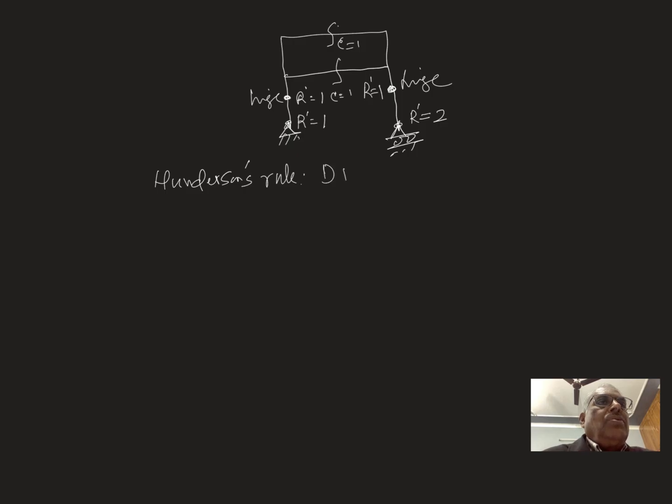Now Henderson rule: DI is equal to 3C minus R dash. 3 into 2 minus R dash. 2, 3, 4, 5. There are 5. So only 1 is the indeterminacy. Total indeterminacy is 1. Now we can apply the method of joints.